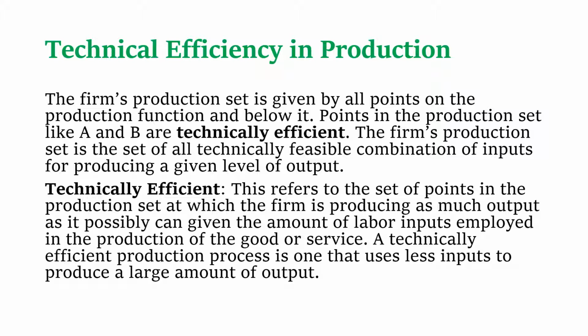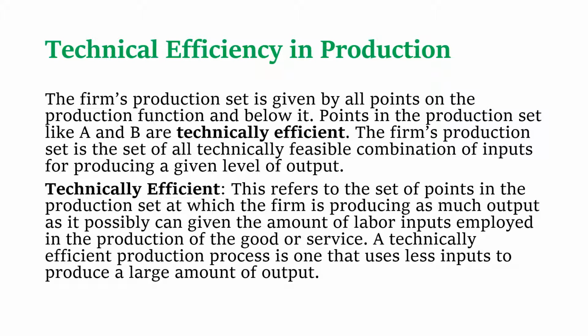Like A and B, we say the farm is producing outputs efficiently. So points A and B are technically efficient. The farm's production set is the set of all technically feasible combinations of inputs for producing a given level of output. Now, what is technical efficiency?